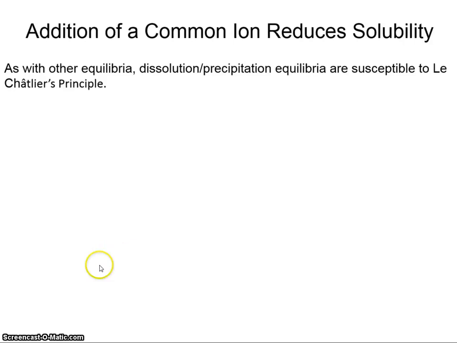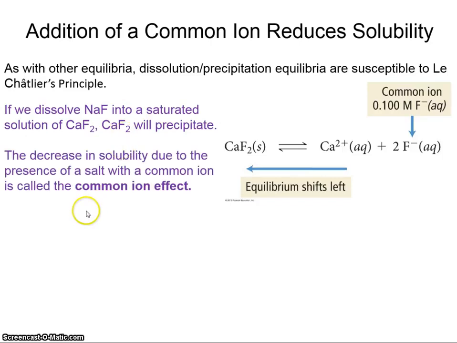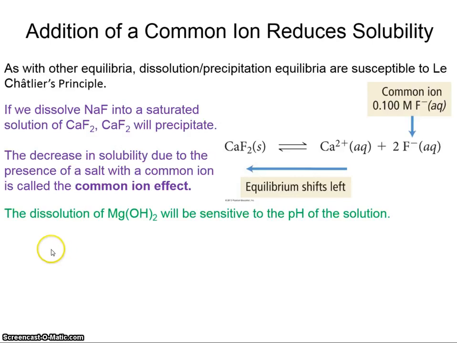As with other equilibria, solution precipitation equilibria are subject to Le Chatelier's principle. If we dissolve sodium fluoride in a saturated solution of calcium fluoride, the calcium fluoride will precipitate. So we add in some fluoride, which shifts it to the left. The decrease in solubility with a salt is called the common ion effect. Where it starts to get interesting is when some of these things, like this fluoride, can also be acid bases, or if I've got something that's got an OH in it.